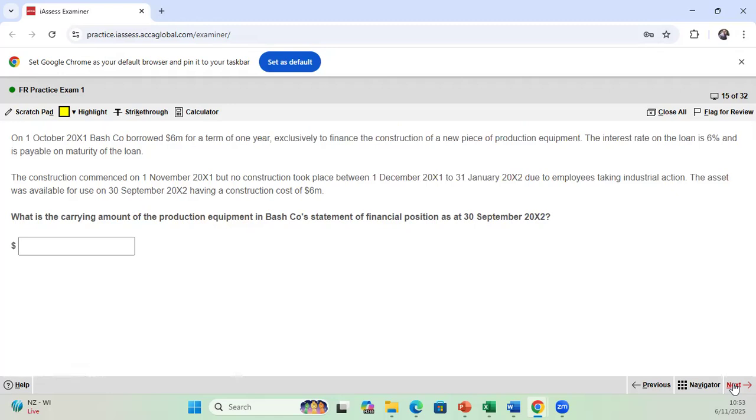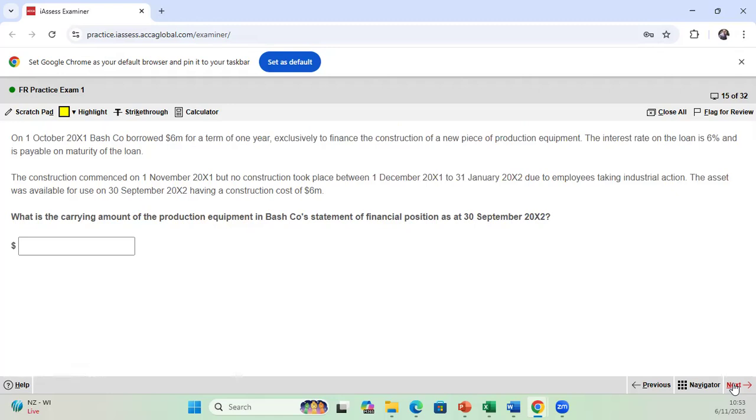Right, so production started in November, then we skip December and January, then February, March, April, May, June, July, August, September. So it's 8 months. We subtract October, December and January, so we subtract 3 months, since the asset was available by 30 September.